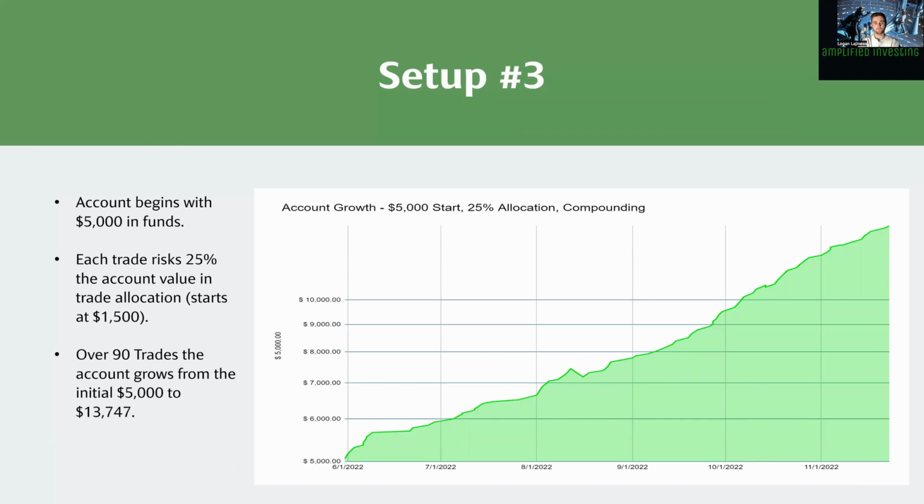Over 90 trades, it went from the initial $5,000 to $13,747. That is a 174.9794% account growth. So that means the account basically almost tripled in that time frame, which is pretty staggering.